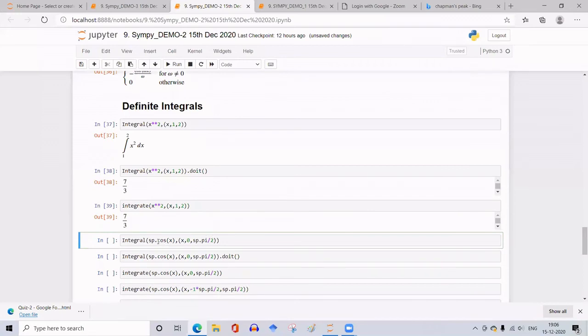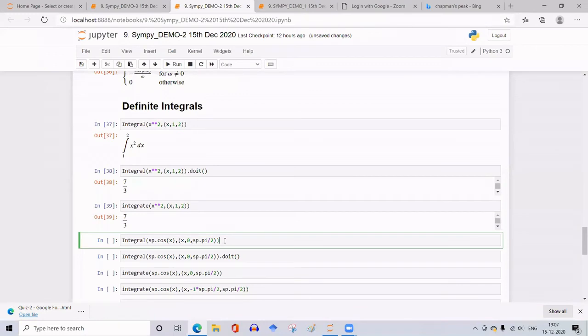So next is cos x. This is one trigonometric function integrated with respect to x between the limits 0 to pi by 2. This pi by 2 I am taking from the SymPy module, that is why it is sp dot pi by 2. If you integrate cos x, it will be sin x, is it not?